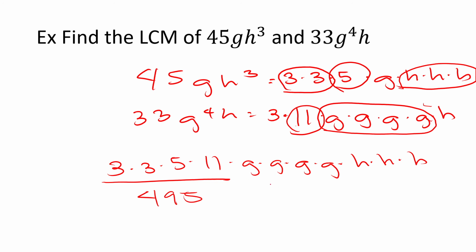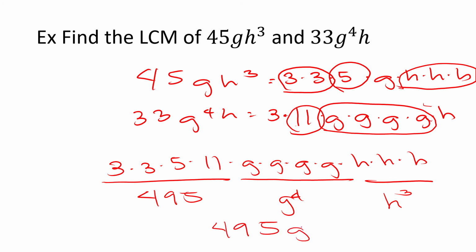Now g times g times g times g is g to the 4th, and h times h times h is h to the 3rd. Combine them, you're going to have 495 g to the 4th h to the 3rd. And that's it for finding LCM.